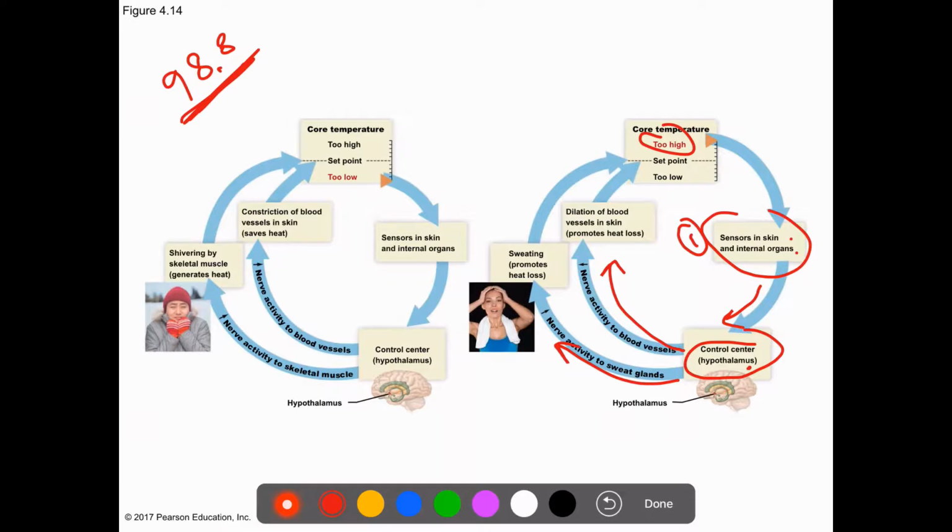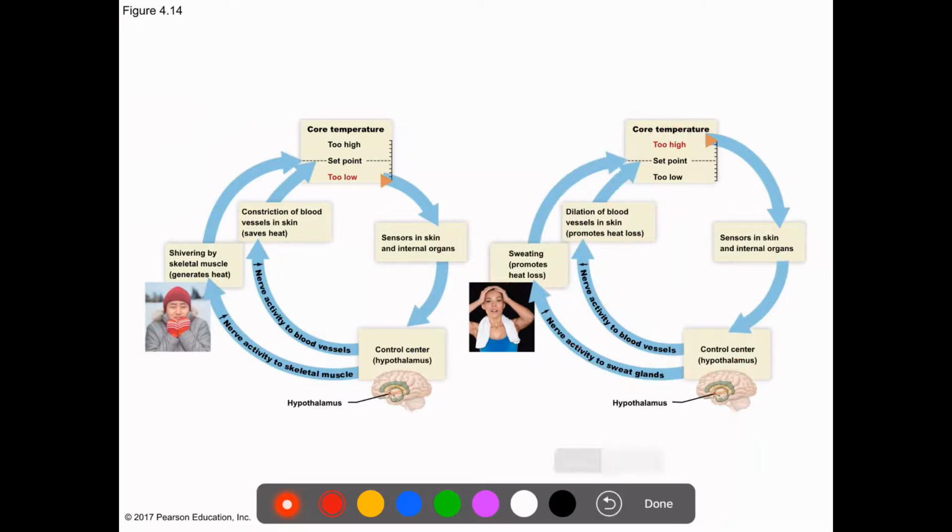One of them is the smooth muscles within the blood vessels, so they will dilate the vessels in the skin to promote heat loss, and it will also send to the sweat glands to start sweating to promote heat loss. Both factors should bring the temperature back to the set point. So sensors send to the control center, which sends to different effectors to set the temperature back.